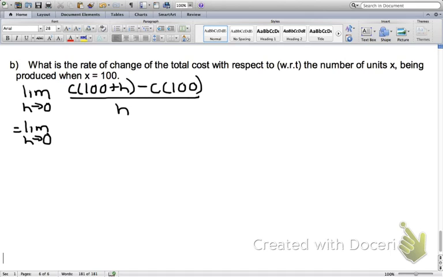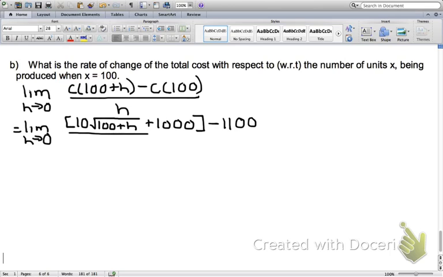So when we sub in for 100 + h, we will have 10 times the square root of 100 + h, plus 1,000, minus 1,100, all over h.